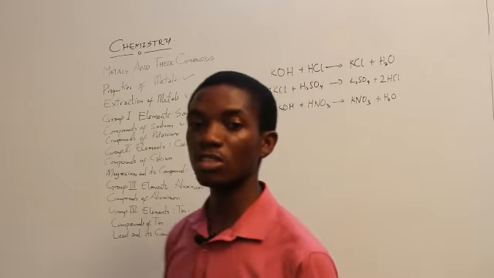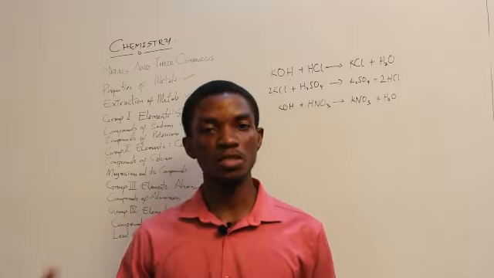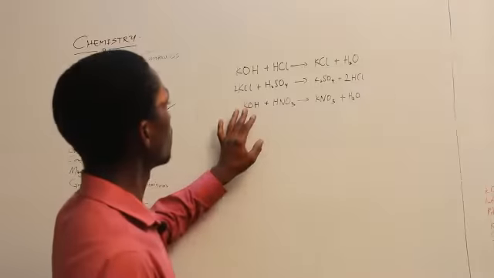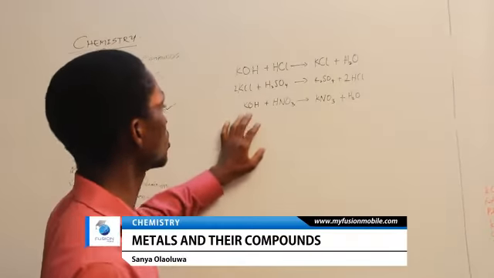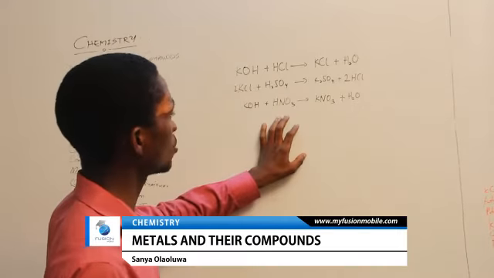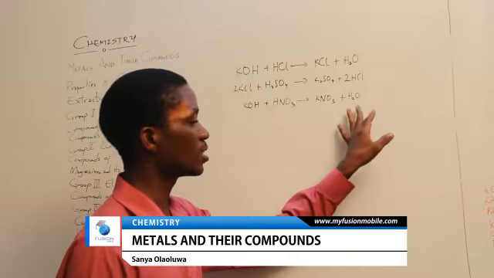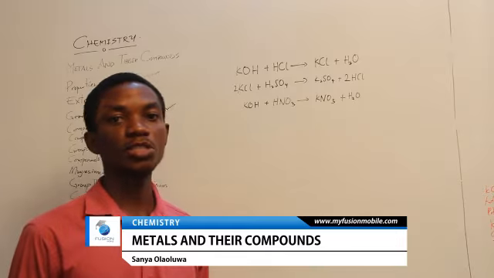It is used as a preservative in the market. It is used in the making of certain explosives. You can mix it with certain other explosive materials to make a big bomb. Potassium trioxonitrate 5 is very important.